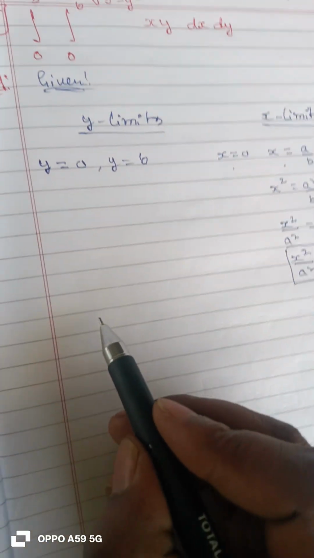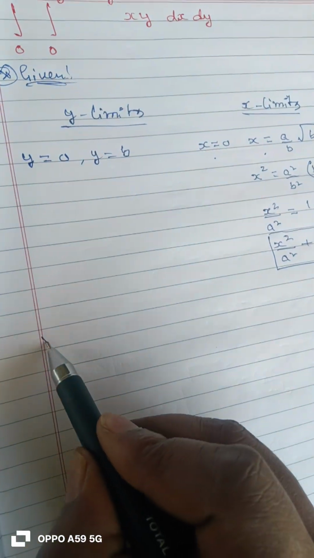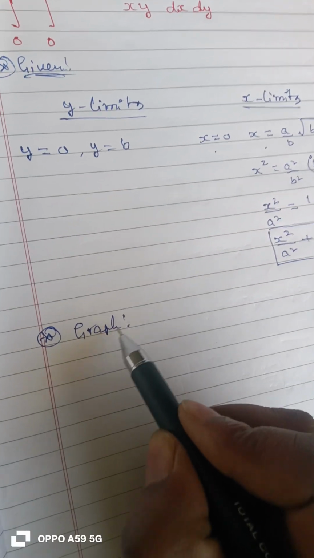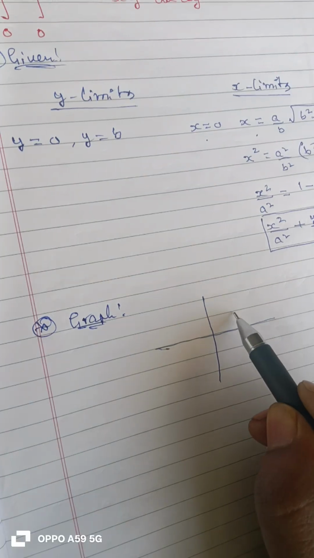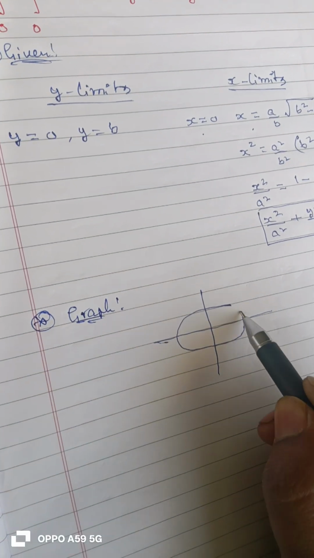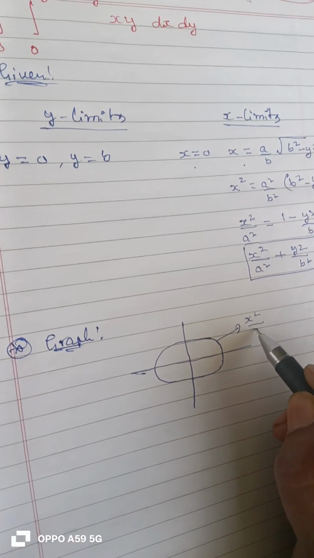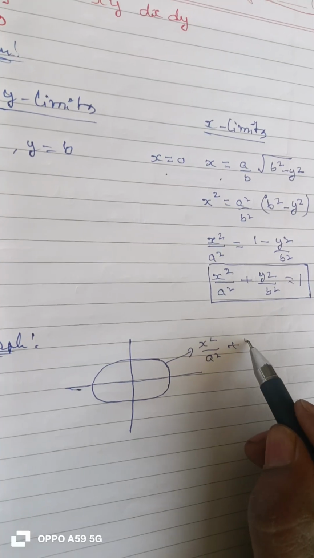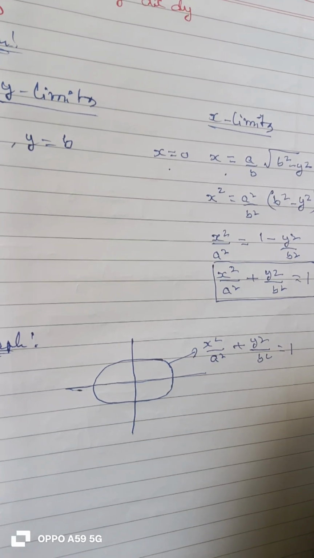Now for this, let me draw the graph. If you observe the graph, if we draw the ellipse curve, this ellipse curve is nothing but x square by a square plus y square divided by b square is equal to 1.